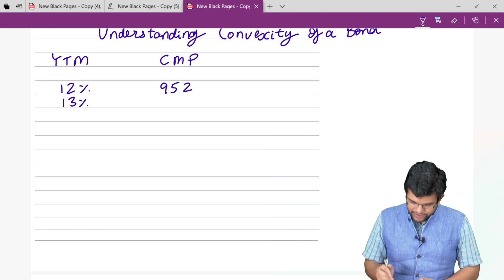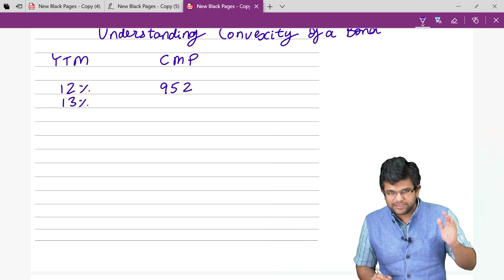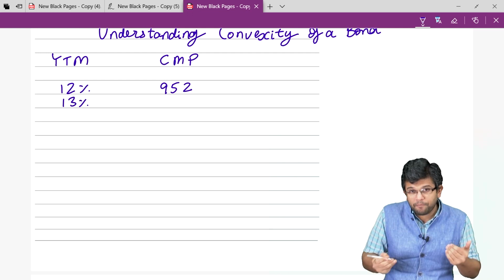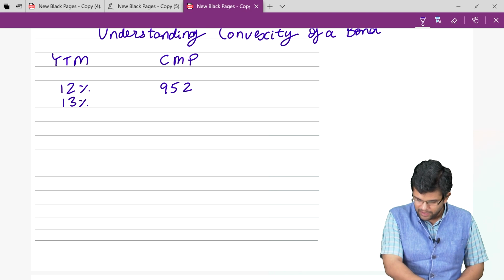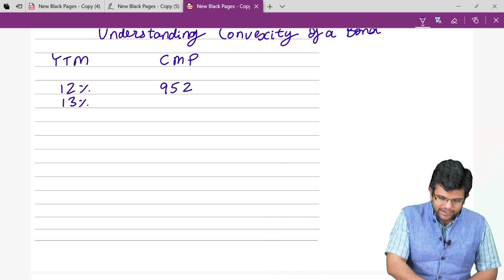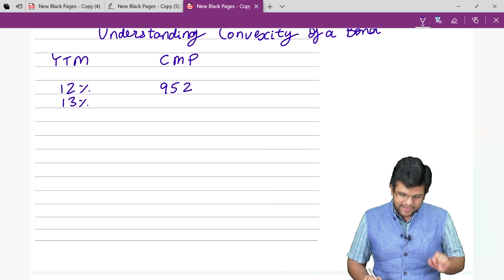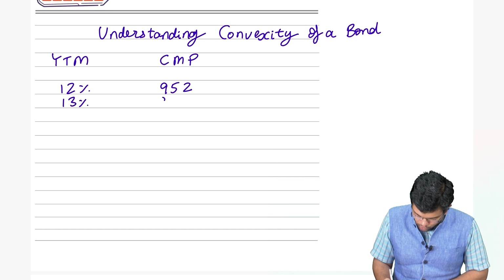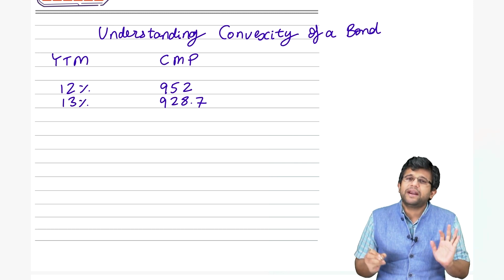So if YTM increases by 1%, from 12% to 13%, the current market price should drop by 2.45% into 1. So 952 minus 2.45% comes to 928.7.